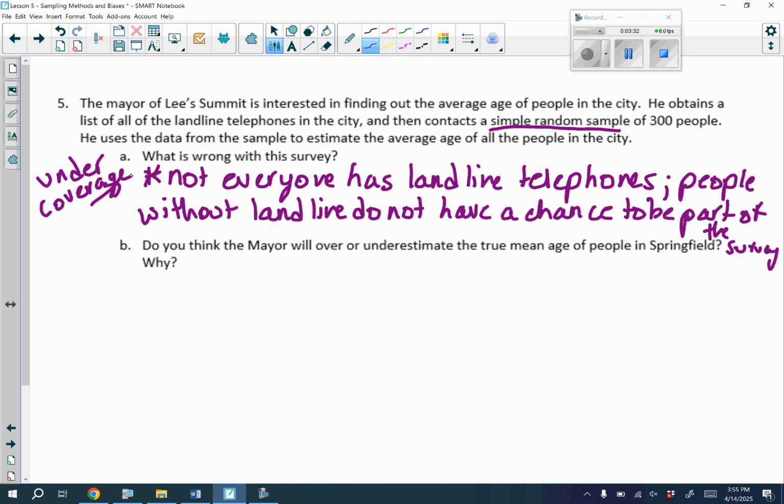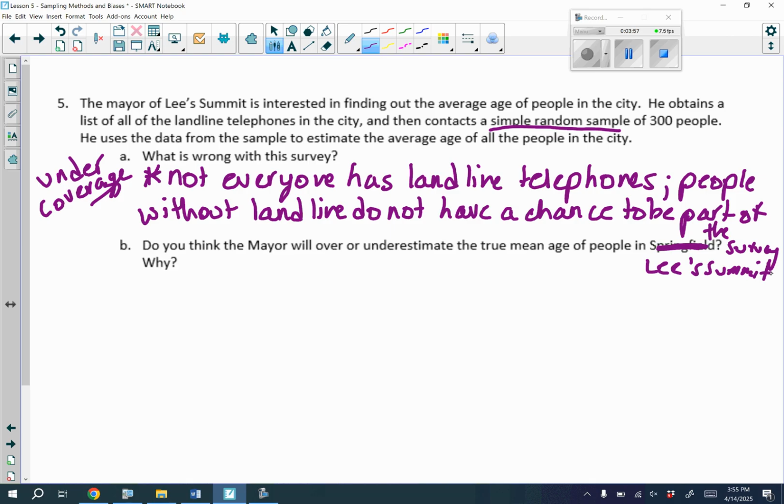Now here it says, do you think the mayor will over or underestimate the true mean age of people in Springfield, I should say Lee Summit? So do you think he's going to over or underestimate, and why? Go ahead and pause the video and answer this question. Okay, let's see what you got.